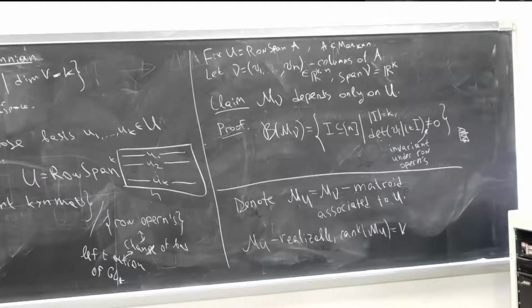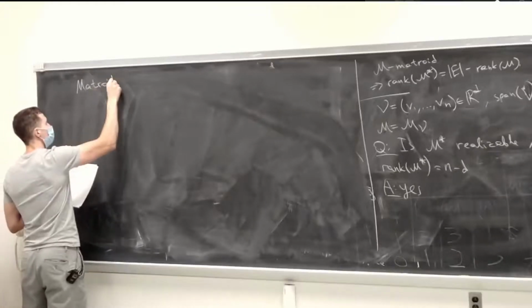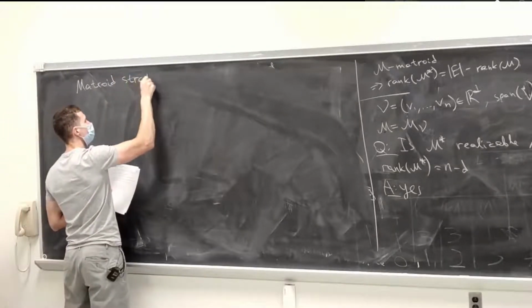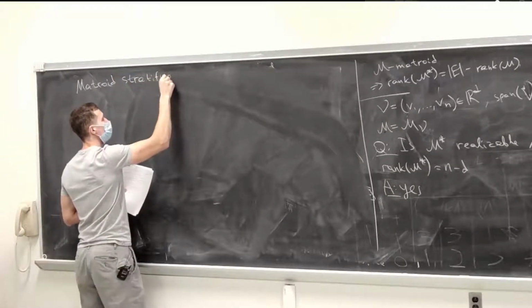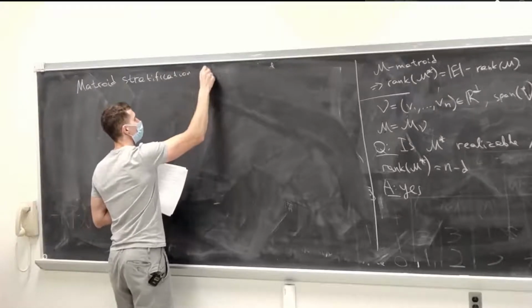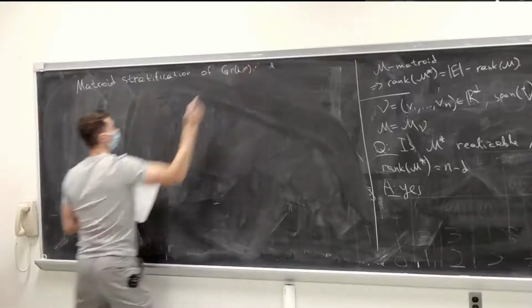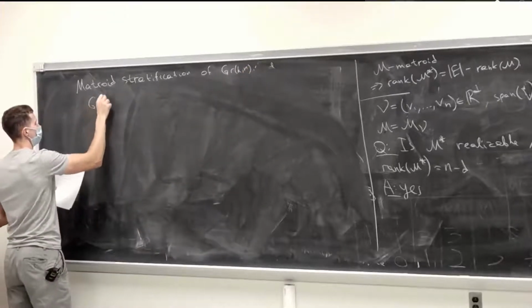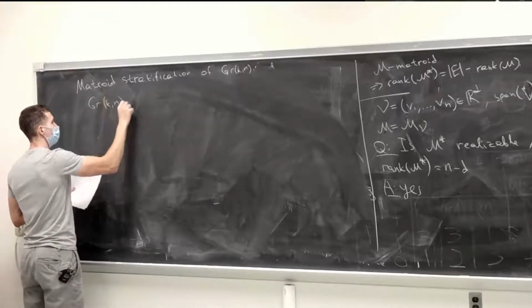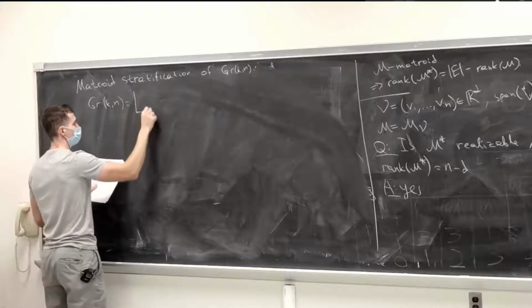So it's called the matroid stratification of the Grassmannian, which by definition is, you take the Grassmannian and you subdivide it into these subsets.